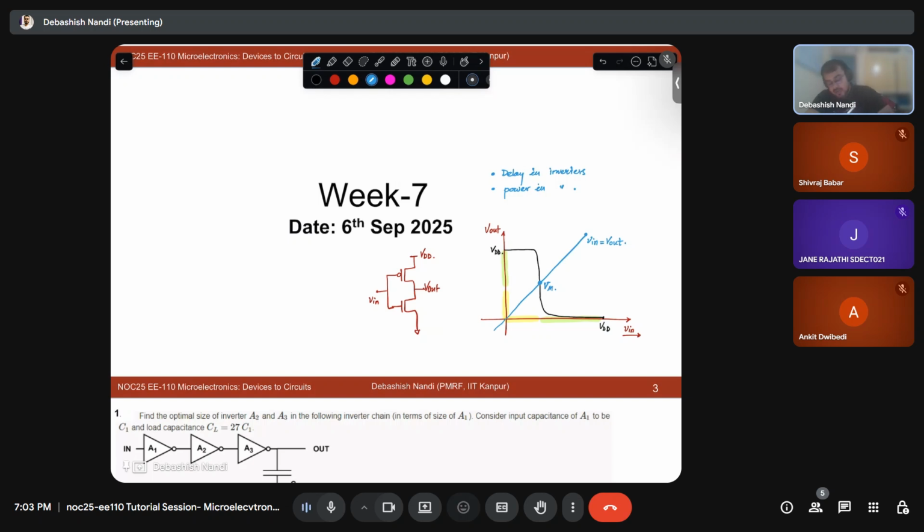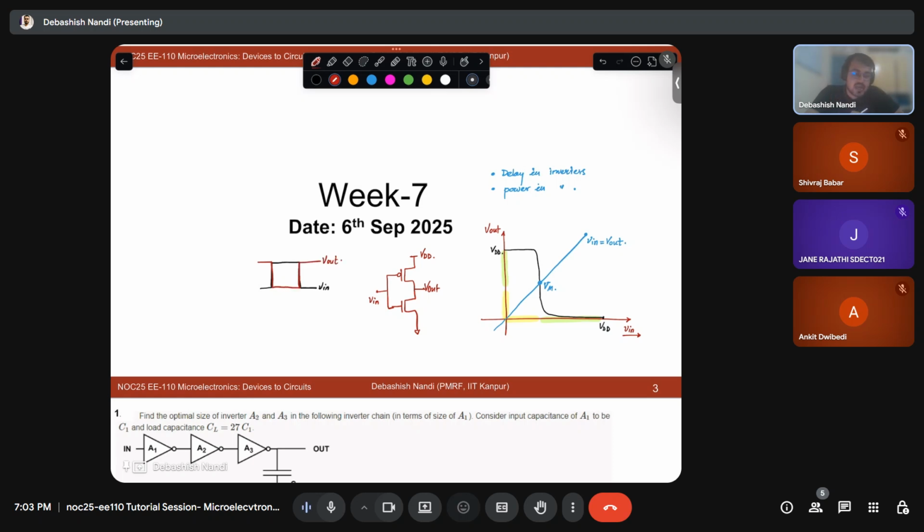Because ideally, you want your ideal signal to be something like this. Then your output will be, let's say this is input, so your output will be something like this. This is your V out, right?